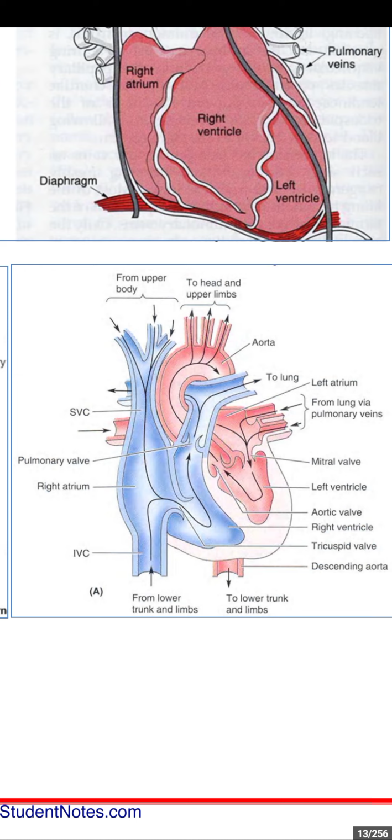Pulmonary veins are also situated posterior to the superior vena cava, and pulmonary artery and aorta.